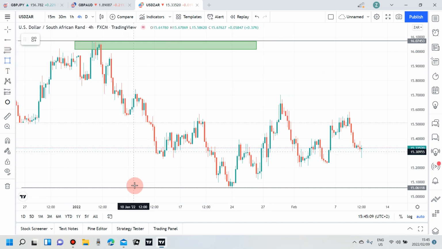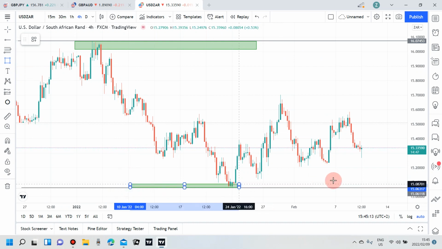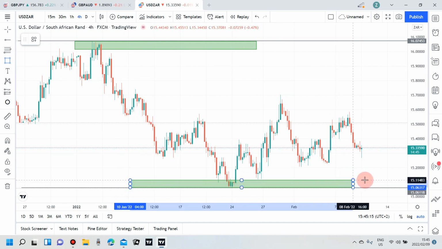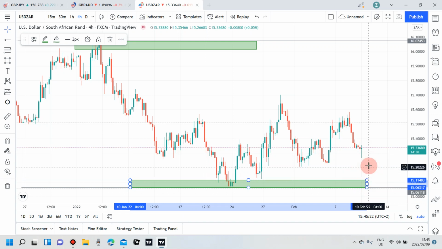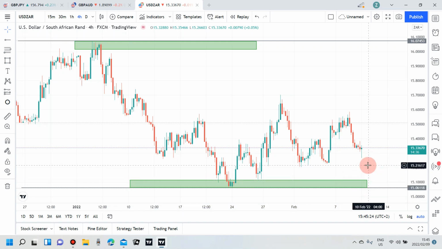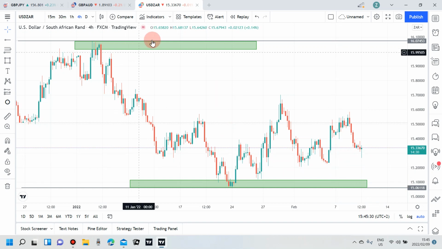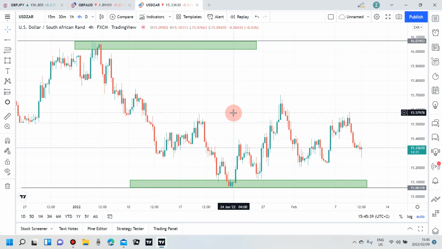But on the higher time frames, I prefer key levels and not zones. On smaller time frames, I prefer zones. So as you can see, I've spotted my support and my resistance. This is my lowest low and my highest high for the 4-hour time frame.